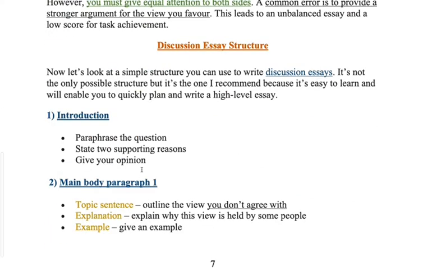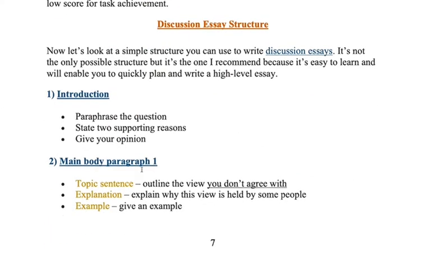Discussion essay structure. Now let's look at a simple structure you can use to write discussion essays. It's not the only possible structure, but it is the one I recommend because it is easy to learn and will enable you to quickly plan and write a high-level essay. So it is not a fixed rule, you can change it, yes.